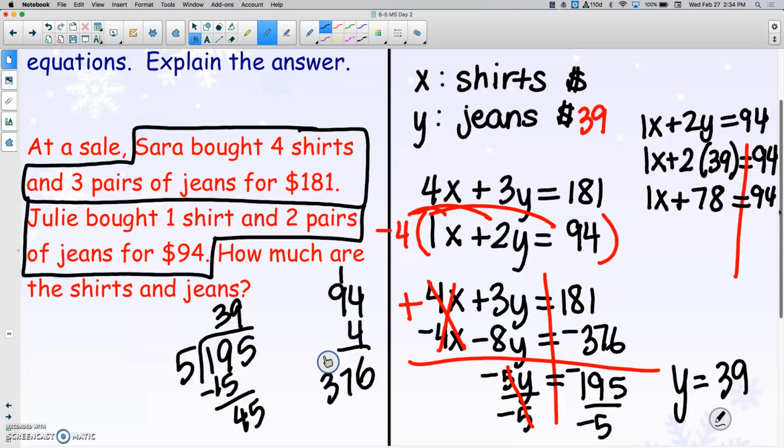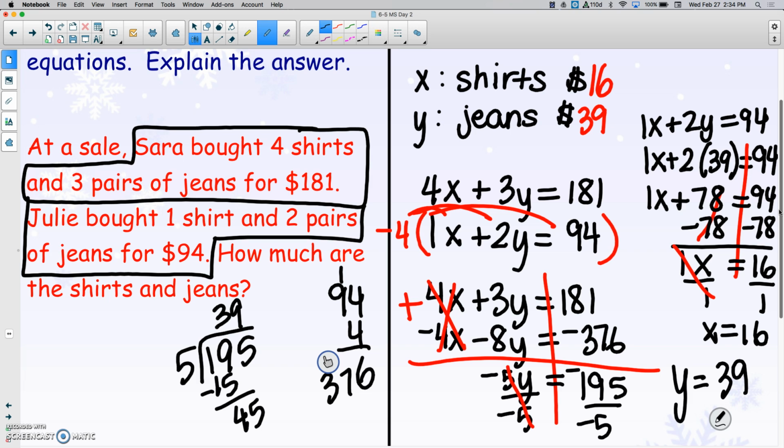And then if I subtract 78 on each side, I get 16. So 1x equals 16. Dividing by 1 will not change anything. So x equals 16. So shirts are $16 each and jeans are $39 each.